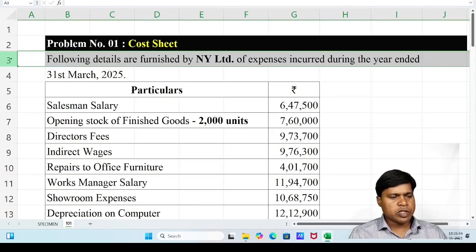This is the first problem of cost sheet. We have to read this problem. Following details are furnished by NY Limited of expenses incurred during the year ended 31st March 2025. I have taken this problem from one of the university question papers.